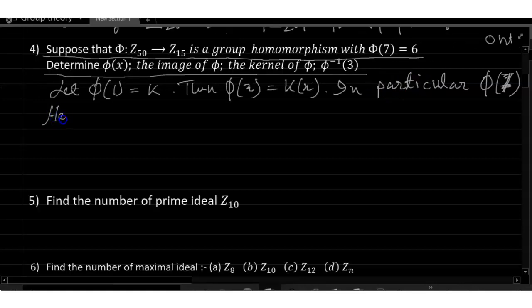So hence phi(x) equals 3x. So I determined phi(x), the first step.